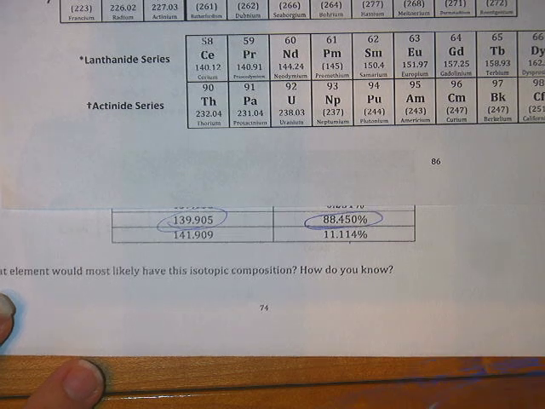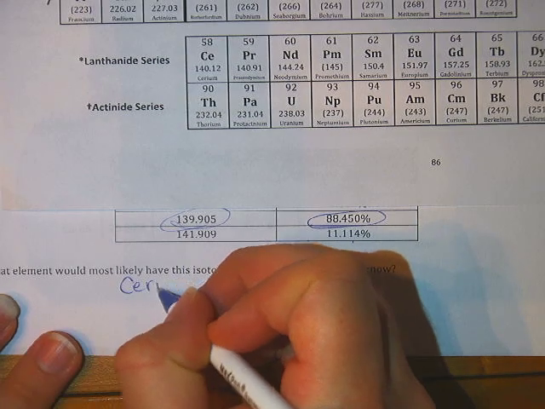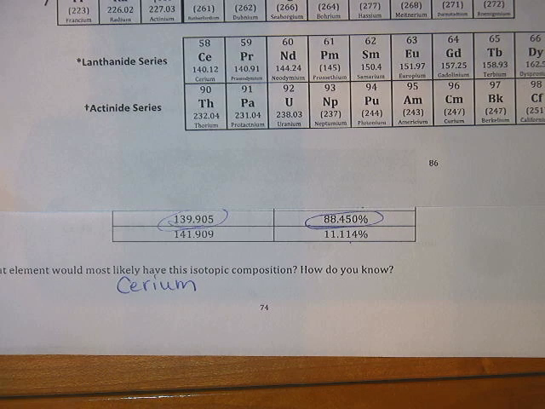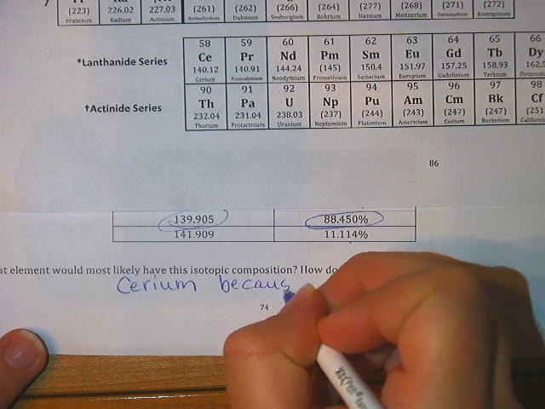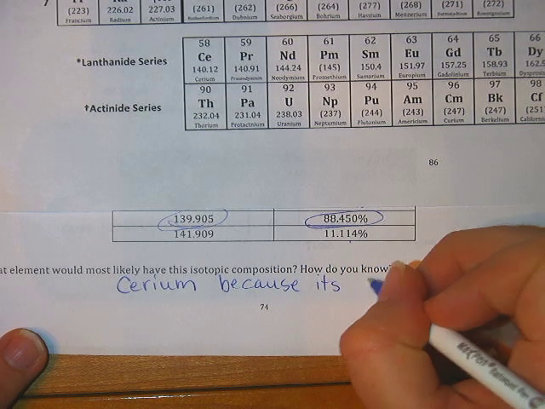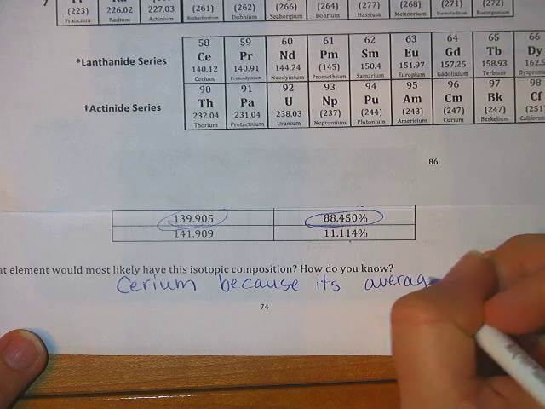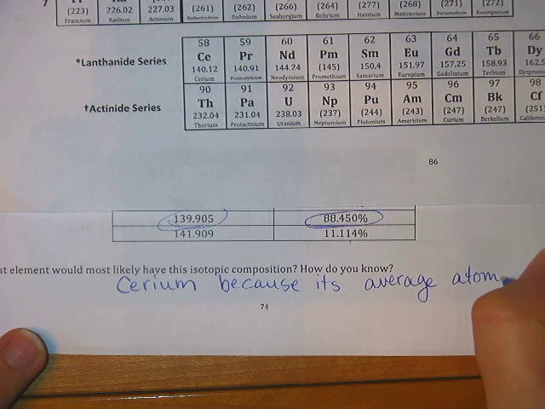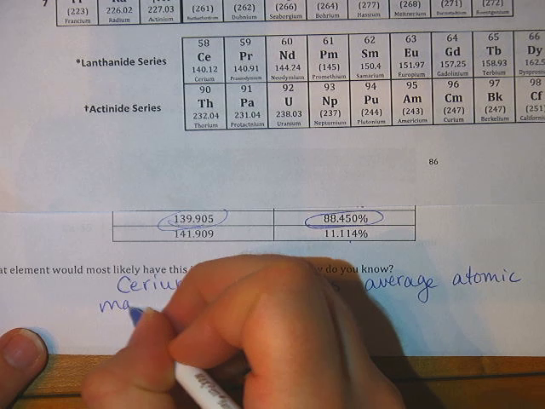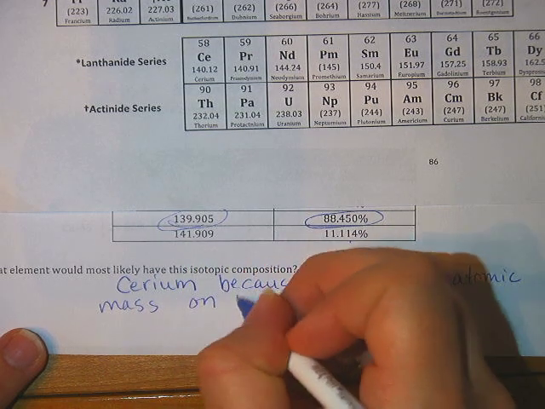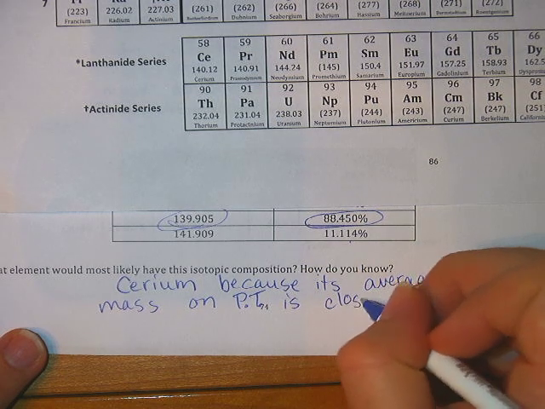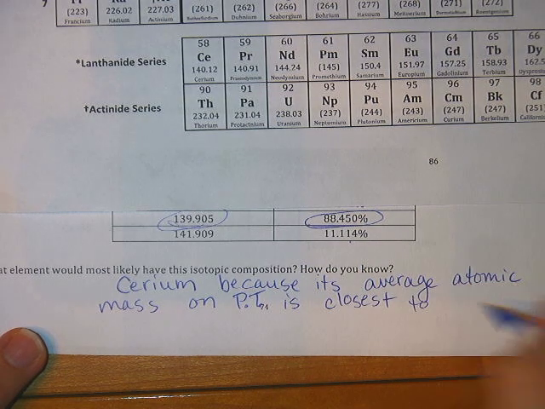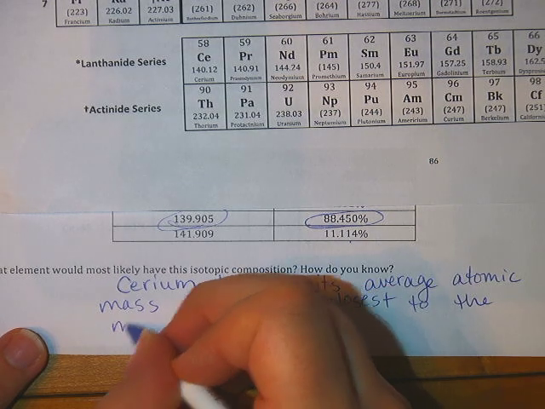So cerium is most likely to have this isotopic composition because its average atomic mass on the periodic table is closest to the most abundant mass.